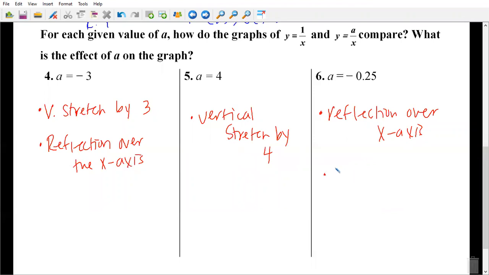And this time we have a vertical compression by 4. Cool? You feel comfortable being able to see the relationship without actually graphing it?